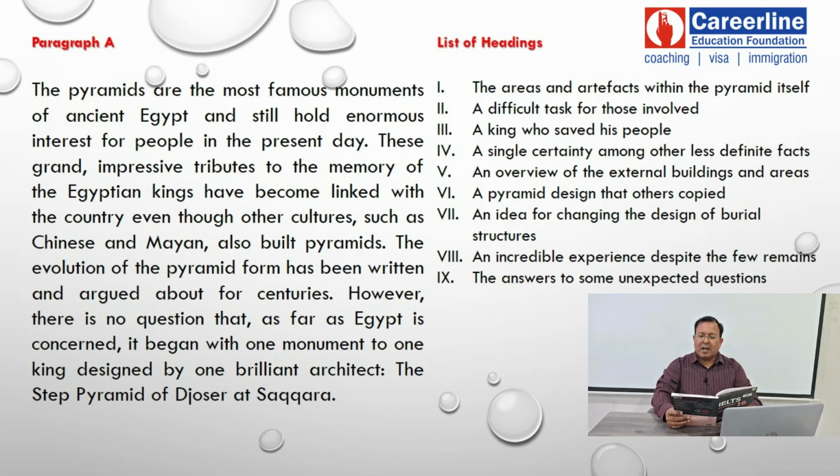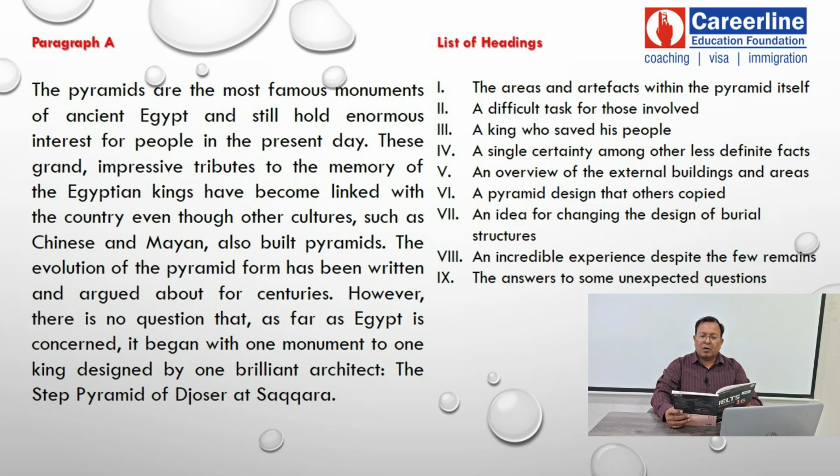The pyramids are the most famous monuments of ancient Egypt and still hold enormous interest for people in the present day. These grand, impressive tributes to the memory of Egyptian kings have become linked with the country even though other cultures such as Chinese and Mayan also built pyramids.